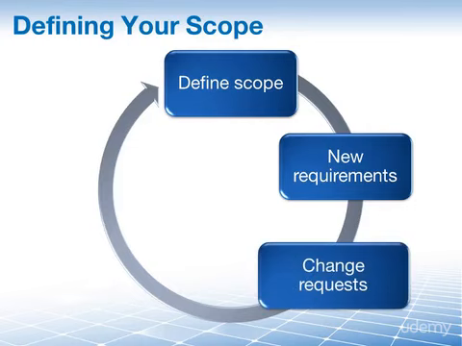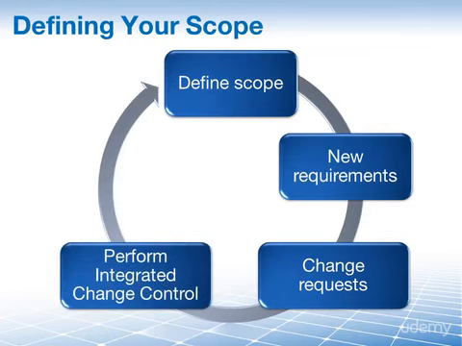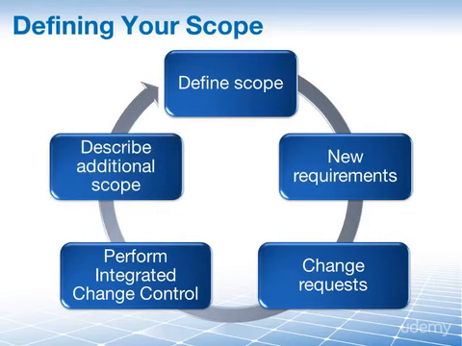And of course, consequently, you must therefore revisit this process here. But only after these change requests have been properly approved via the Perform Integrated Change Control process. So you return to this process, you take the approved change requests, and you describe the additional scope in detail.